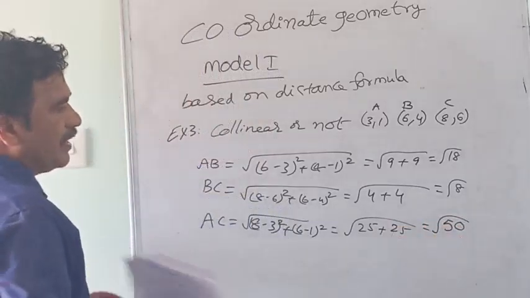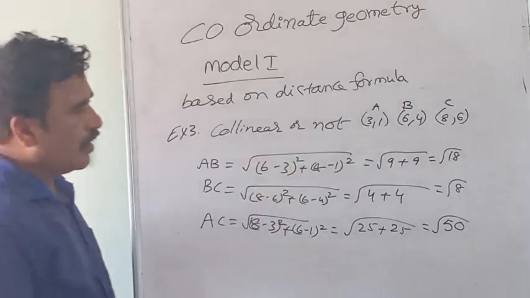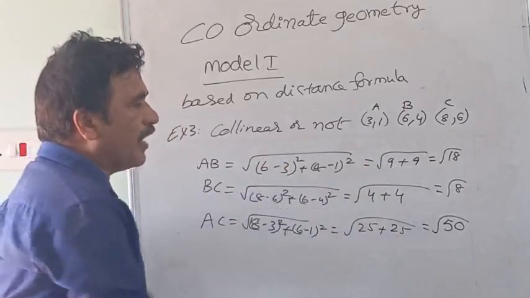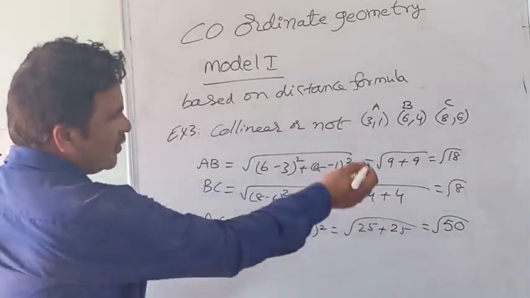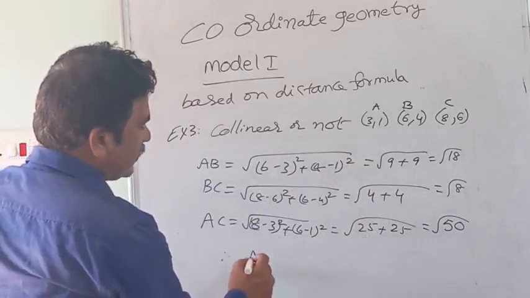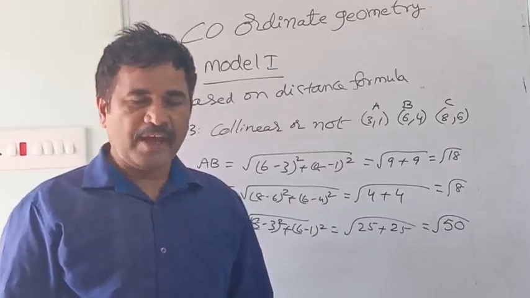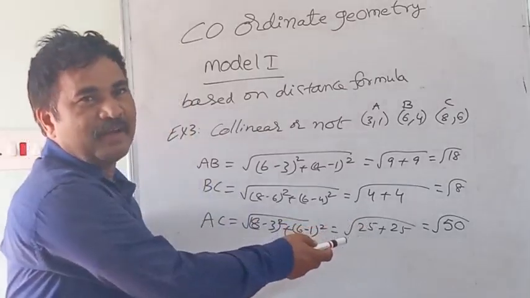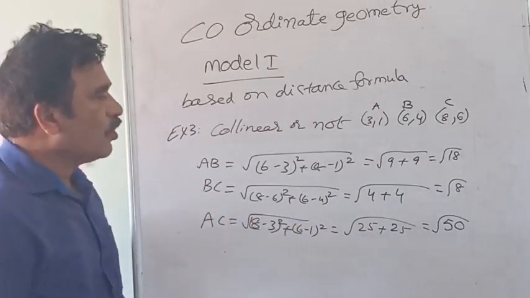Now check whether the big distance is equal to the sum of the small distances or not. Here the big distance is root 50, the small distances are root 18 and root 8. Therefore, AC not equal to AB plus BC? It looks like not possible, but it is possible. Everyone will go like this and do it wrong.